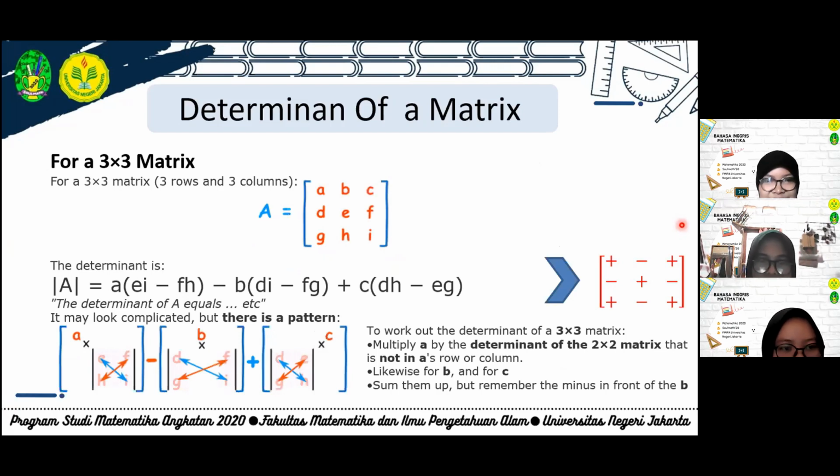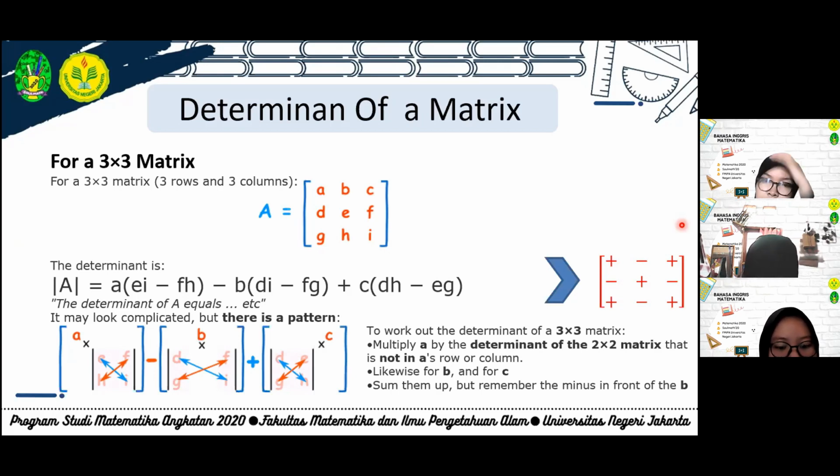Now for a 3 by 3 matrix that has 3 rows, 3 columns, and 9 elements, we can find the determinant keeping the first row as the reference. The first element is a. Now, the element a will be multiplied with the determinant of whatever remains after excluding the first row and the first column.